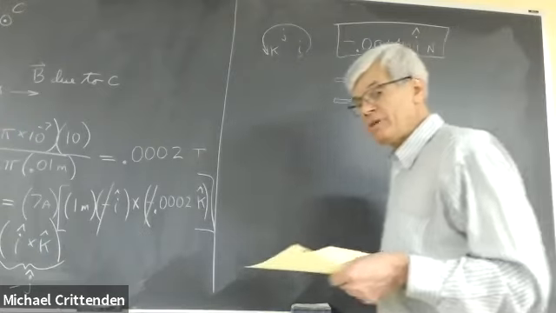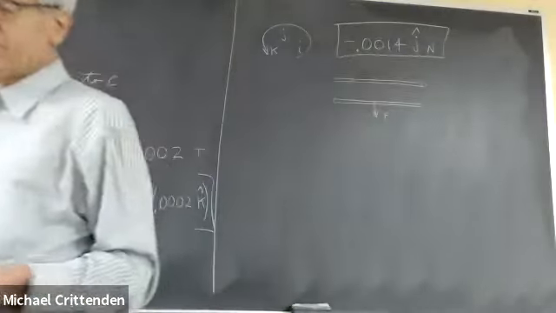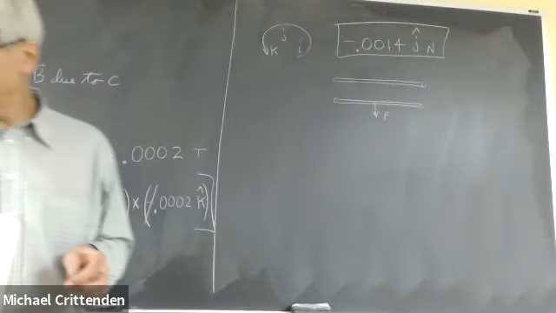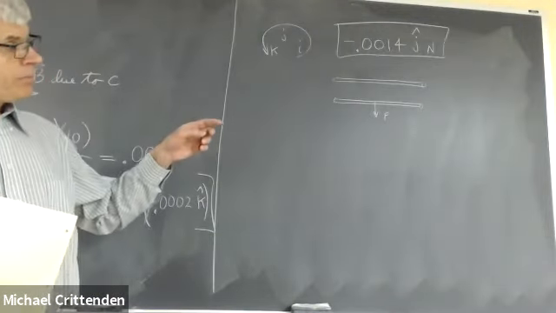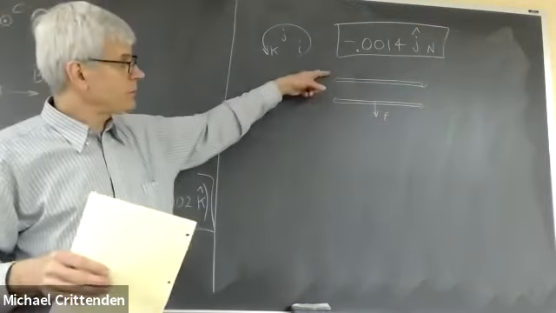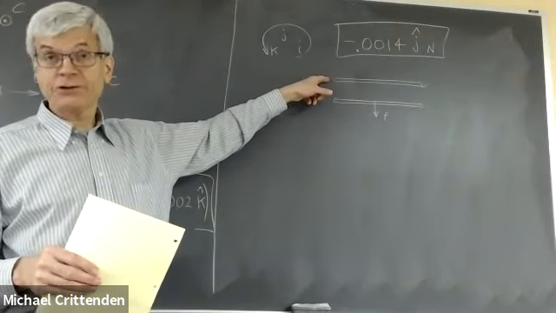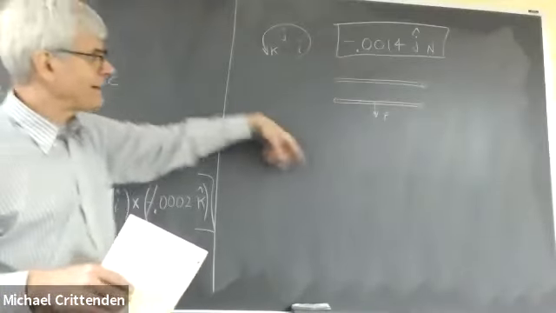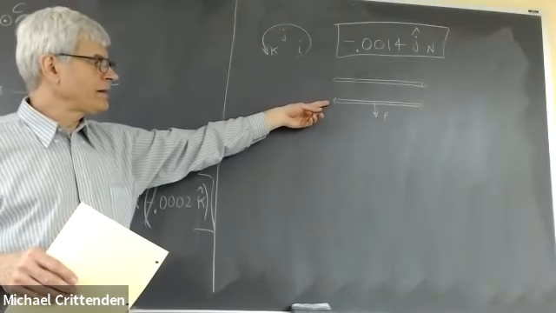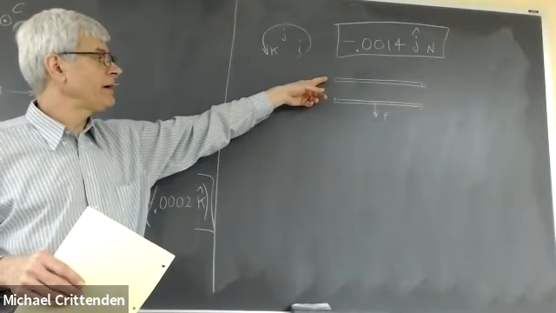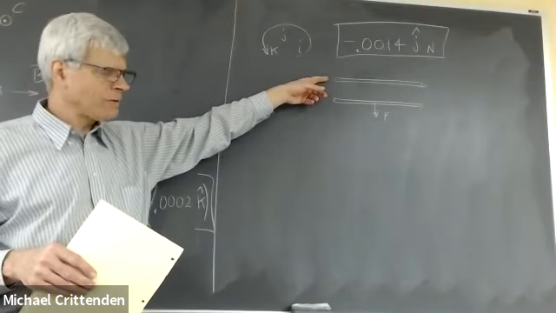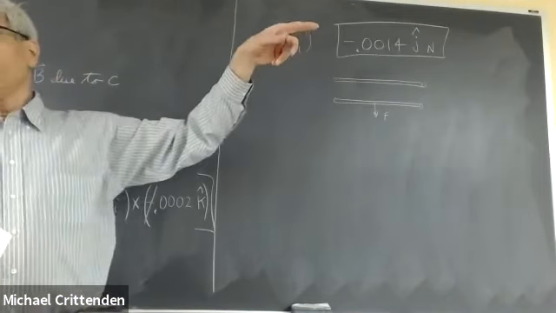If there was a part B to the question, which there isn't, but I could have just as easily done that, if the part B was what's the force on the other wire, well, there's a long way and a short way. The long way is you could go through all this sort of thing again, find the magnetic field from this wire, and then calculate IL cross B for that one.